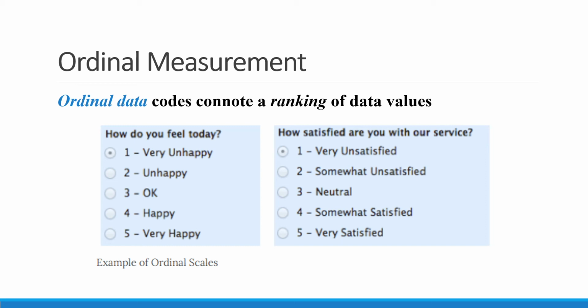The answer can be ordered from negative to positive, such as very unhappy, unhappy, okay, happy, or very happy. So here we have some order inside the values of the variable that measures the happiness.